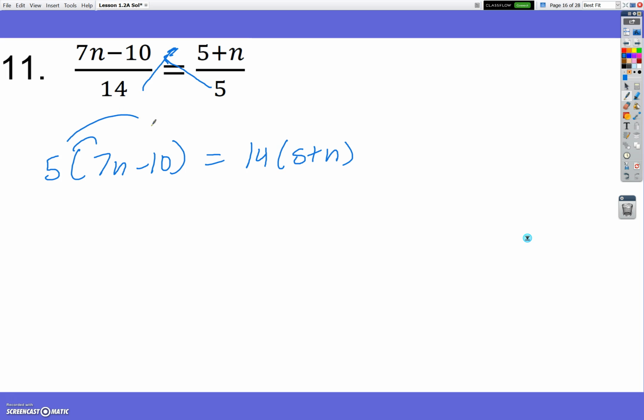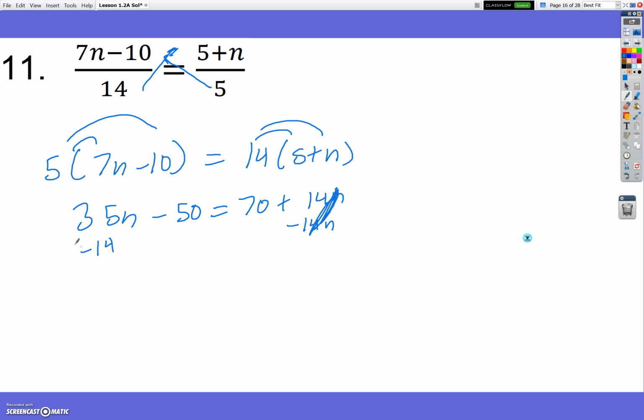So then when I distribute these, I would have 35n minus 50 is equal to 14 times 5 is 70 plus 14n. So then to keep the variables on one side, I would subtract 14n on both sides of the equal sign. These would cancel, and I'm left with 21n.